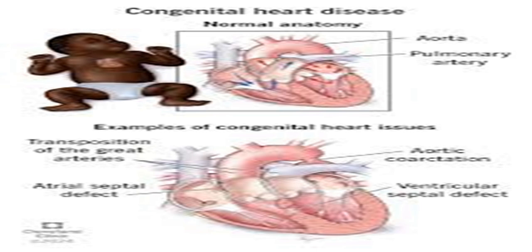Symptoms. The signs and symptoms of congenital heart disease vary depending on the type and severity of the defect. Some defects may cause no noticeable symptoms in early life, while others are apparent immediately after birth.